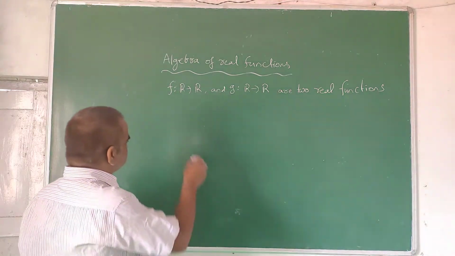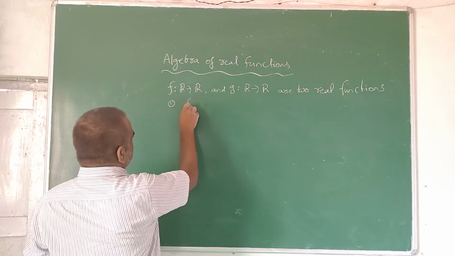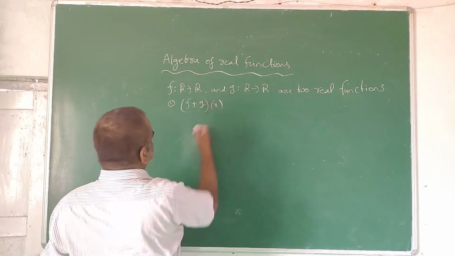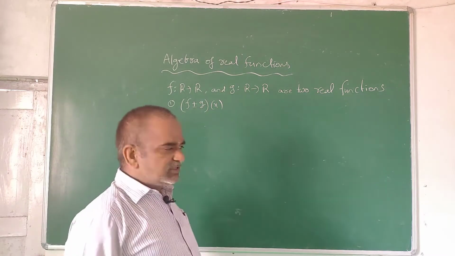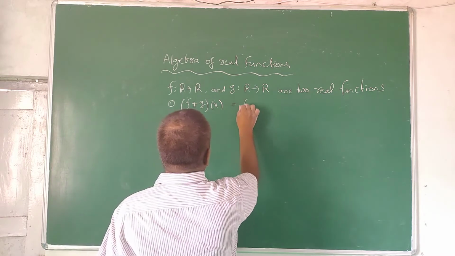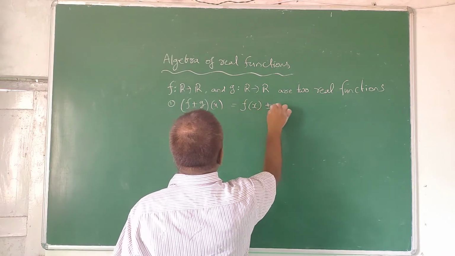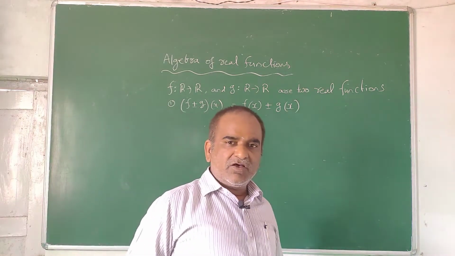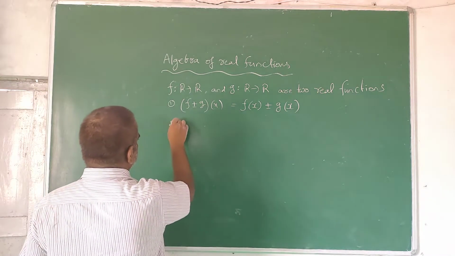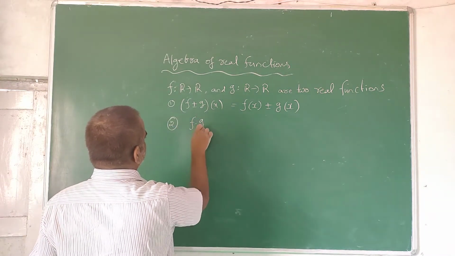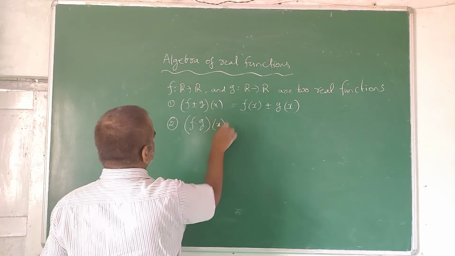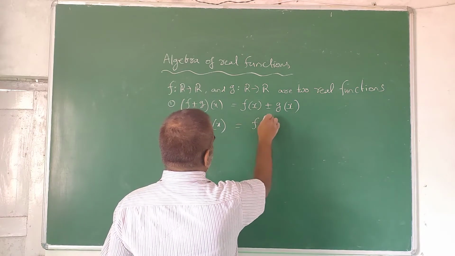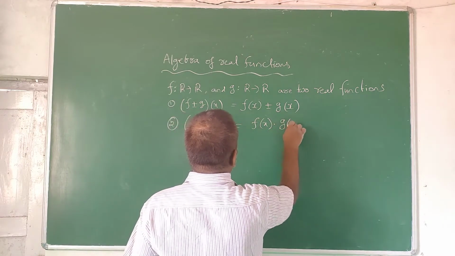So the first one is f plus or minus g of x, which is equal to f of x plus or minus g of x. Now second, f into g of x is equal to f of x into g of x.